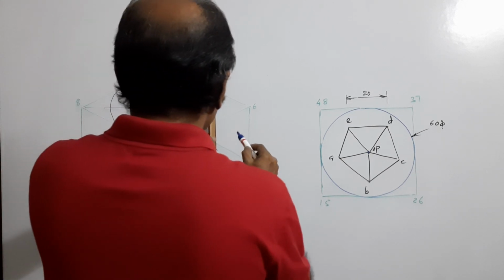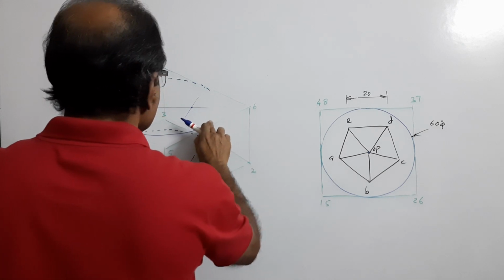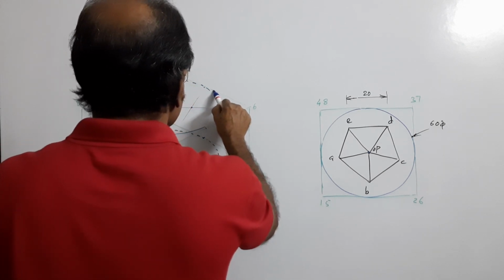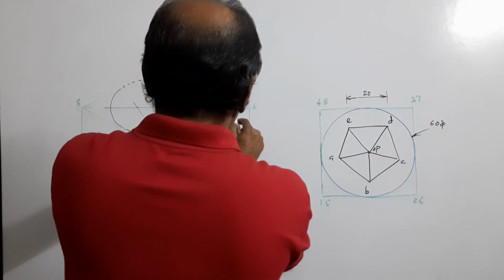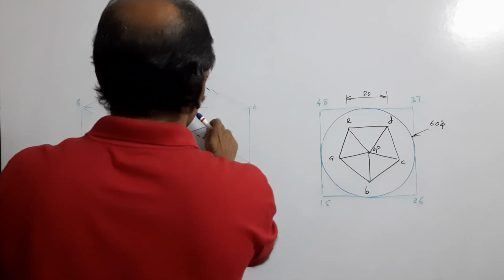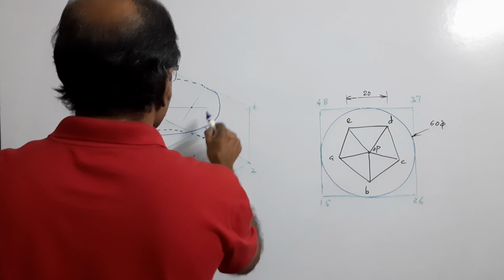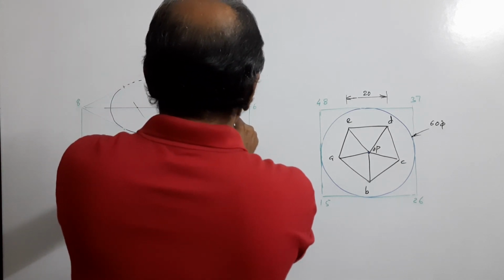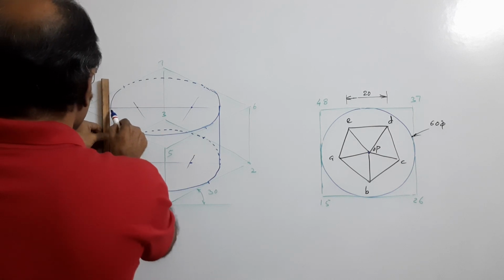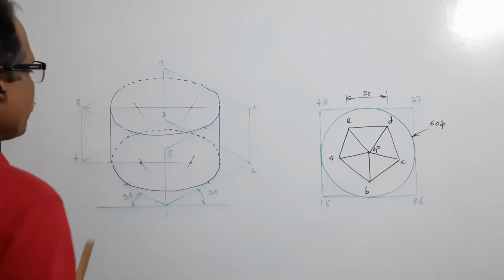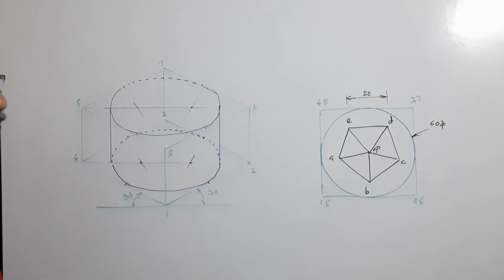Then draw the 2 tangents on the sides. What have you got? You have got the circular slab.